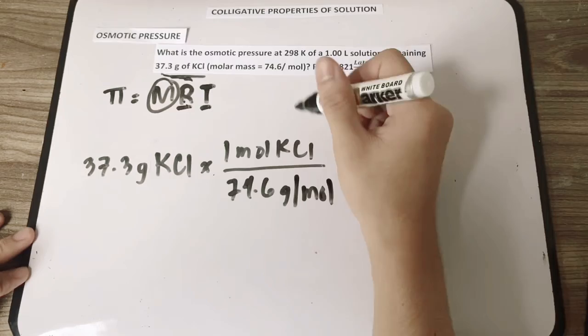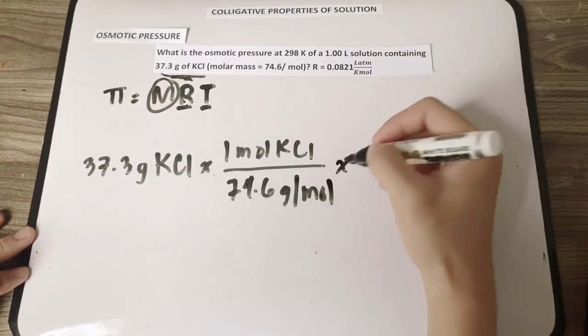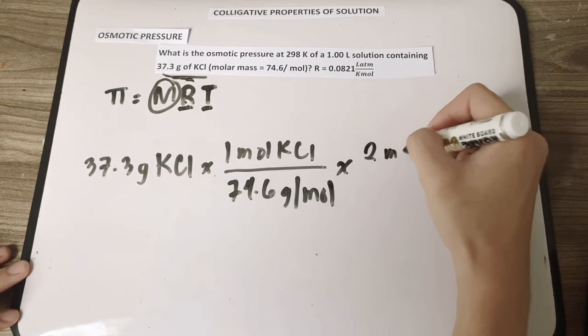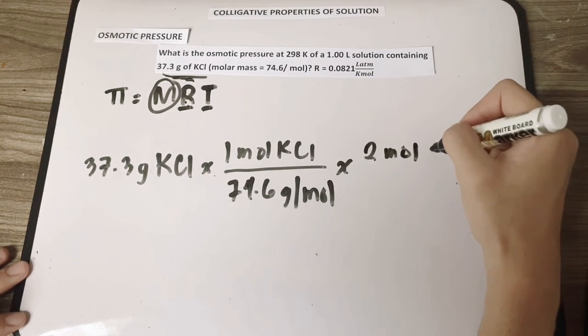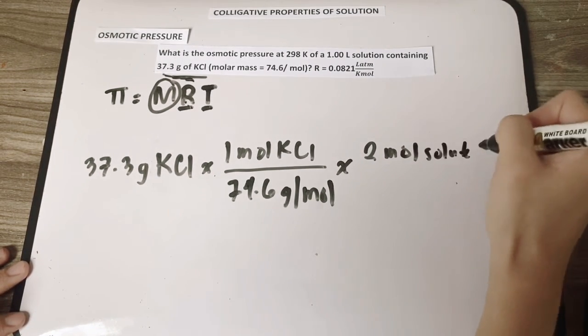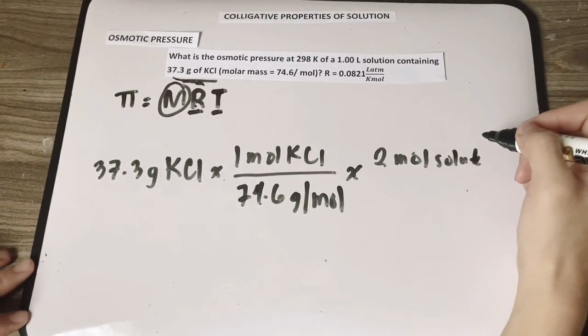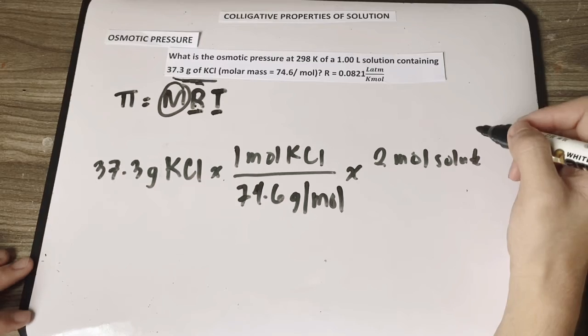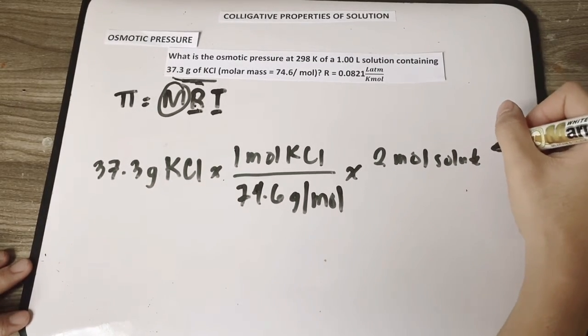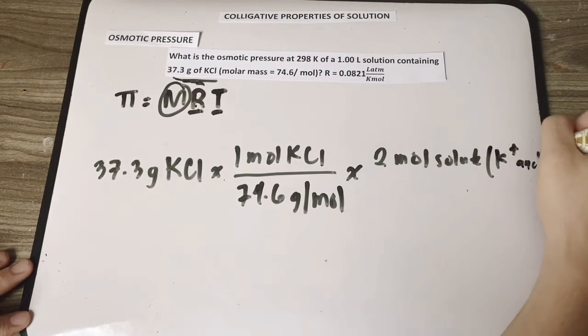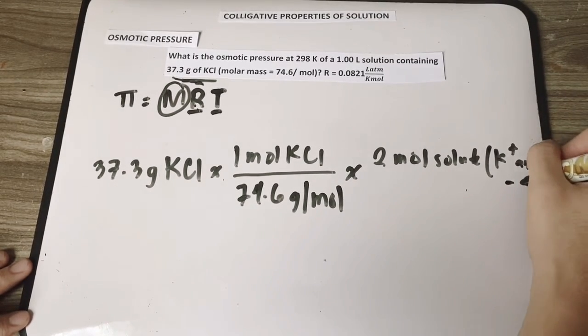And then we have to multiply again by 2 moles, since we know that there is a K positive and Cl negative in every 1 mole of potassium chloride.